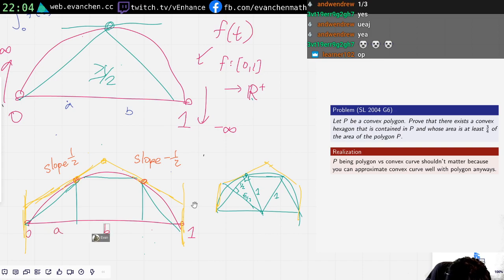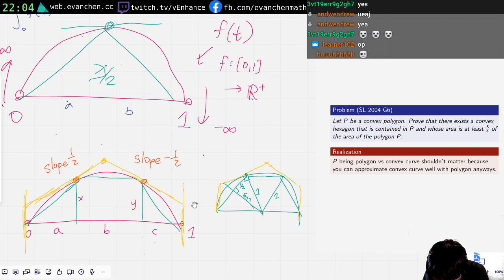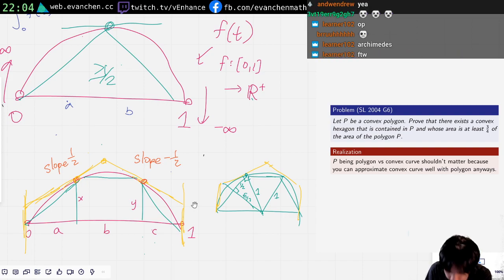A, B, and C. And let's call this X and this one Y. All right. And well, because the slope is at least 1/2, I have some inequalities on X and Y. So the slope here is always bigger than 1/2.